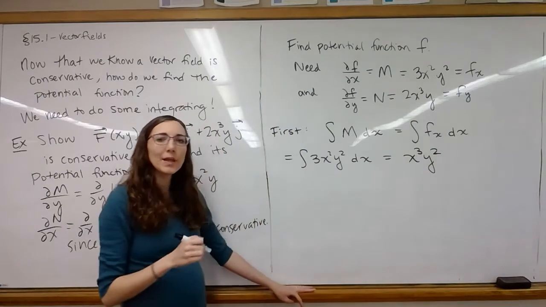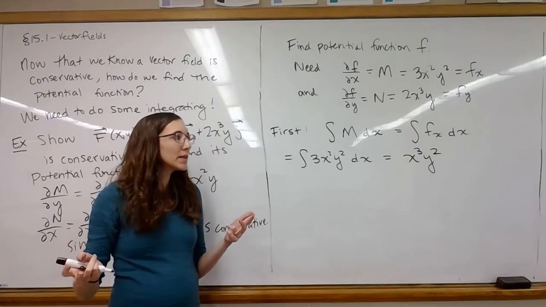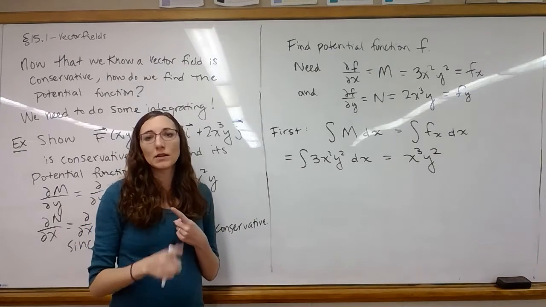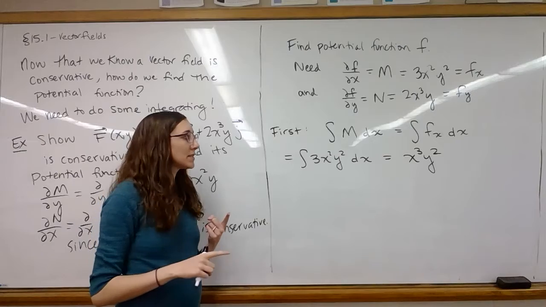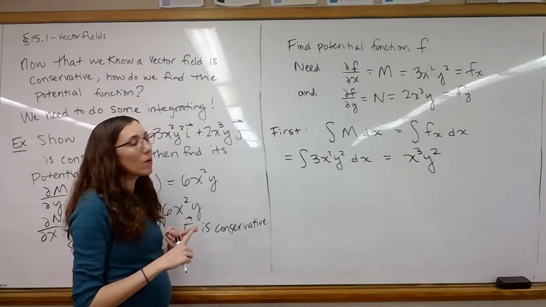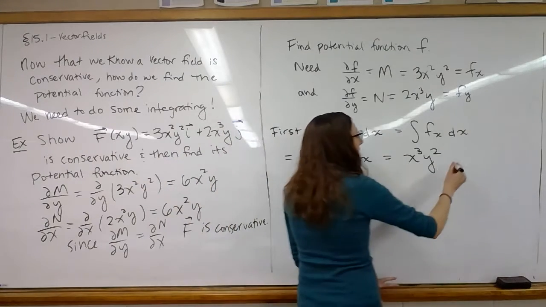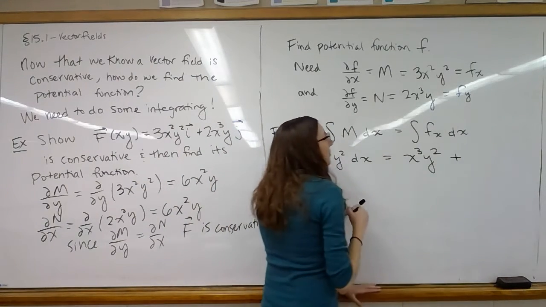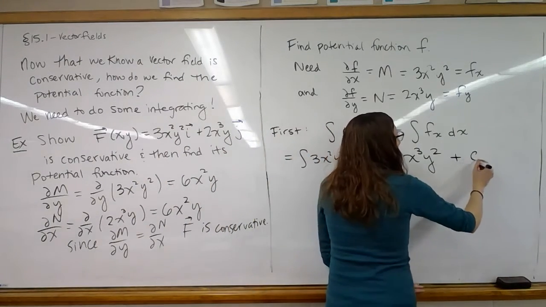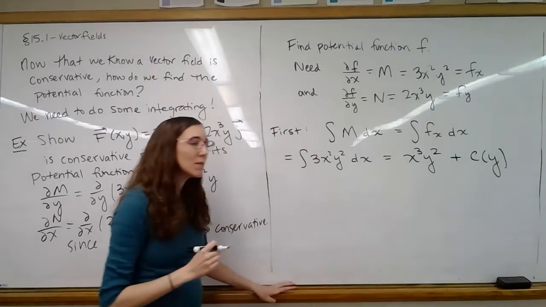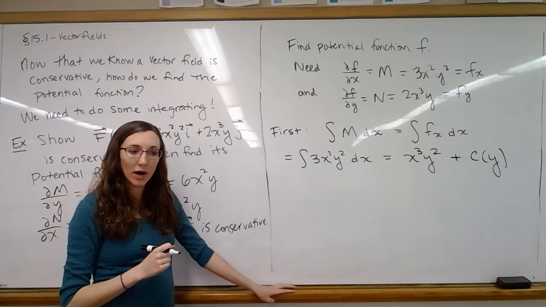And then remember, we need plus a constant, but in this case, a constant is anything that's truly scalar, a constant in the sense that we're used to, or strictly in terms of y. So what you get is plus some function, say c of y, plus some function of y.